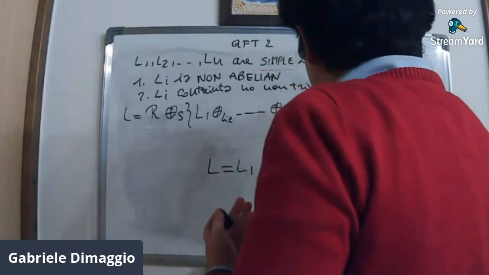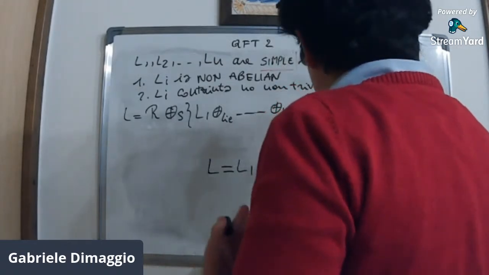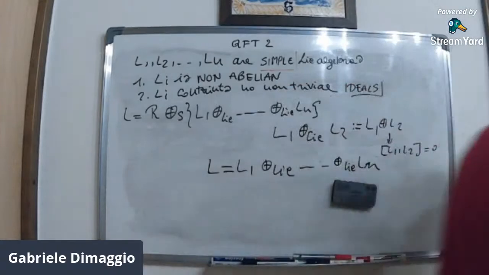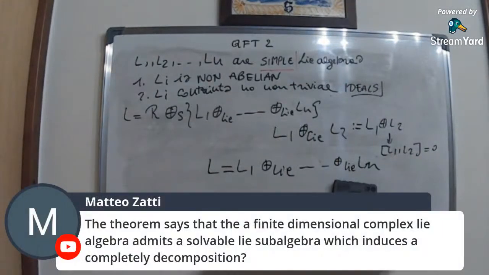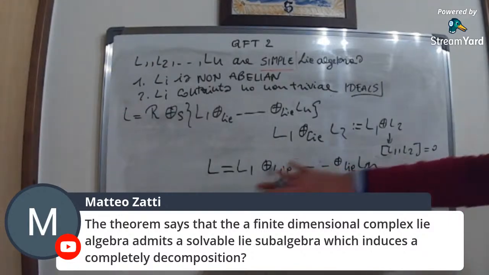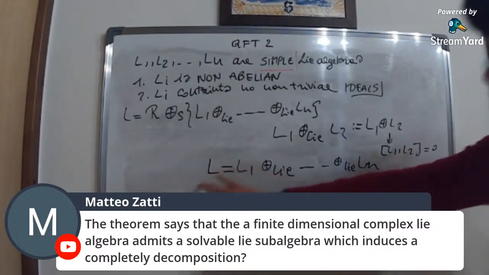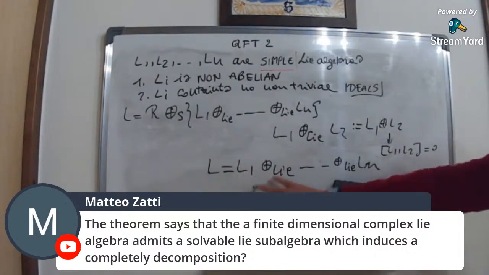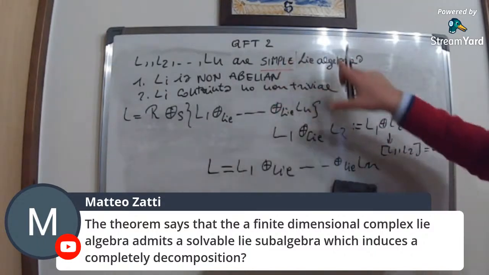So what does it mean? Matteo said this thing, that the theorem says this, but the way that you used to talk about this theorem isn't always right. Why? Because there are some cases where the Lie algebra can be decomposed in just simple Lie algebras.